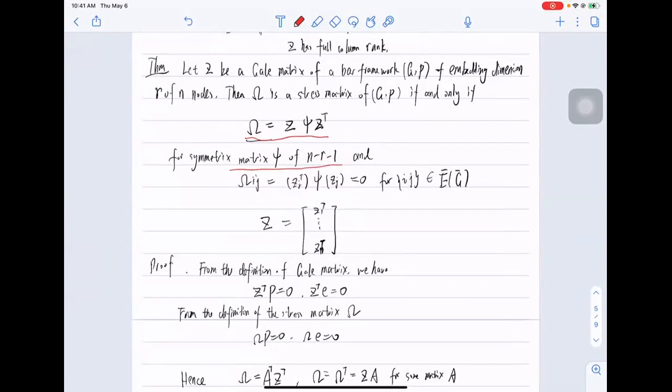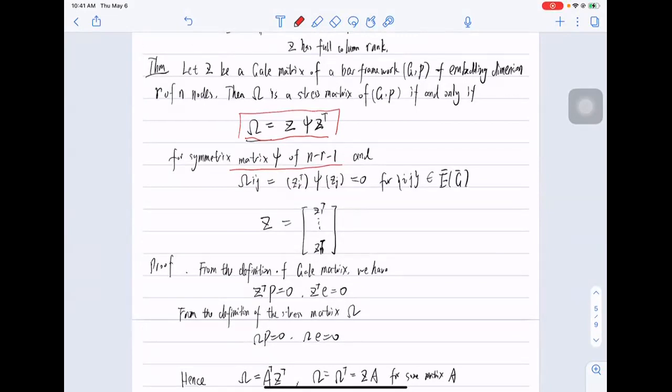So the range of the stress matrix is contained in the range of the Gale matrix, right? From this formula. So what is the advantage of using the Gale matrix? I mean, why not just use the stress matrix?